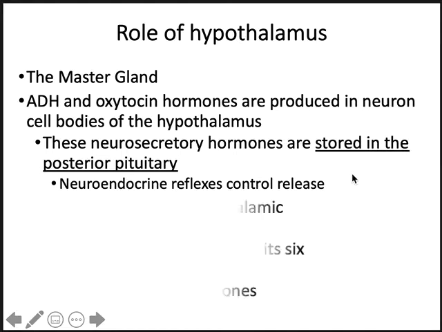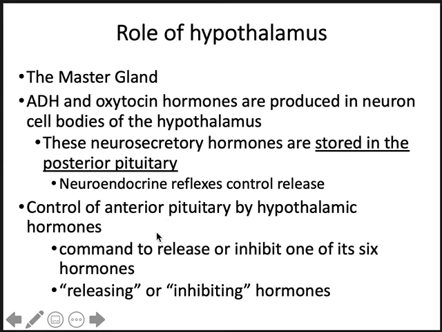Okay, next we have the other hormones that we talked about, the anterior pituitary hormones, and they're also controlled by the hypothalamus, but in this case, the hypothalamus will actually release a hormone which will command the release of one of the anterior pituitary hormones. So these will be specific, right? So there's one specific hypothalamic hormone that will cause the release of a specific anterior pituitary hormone.